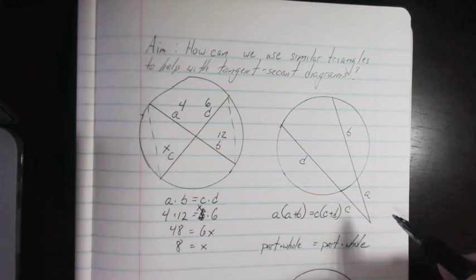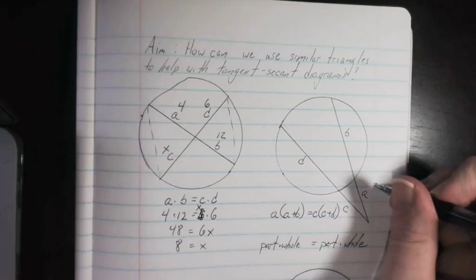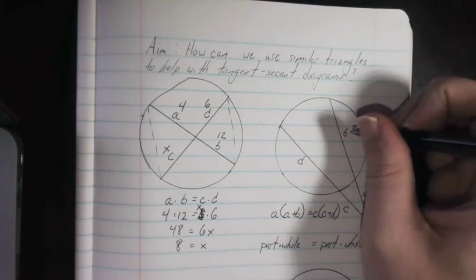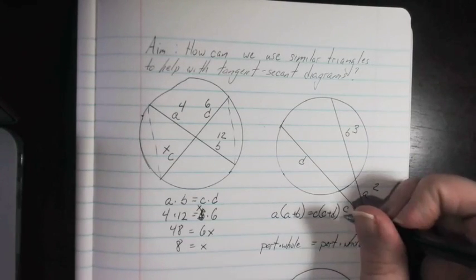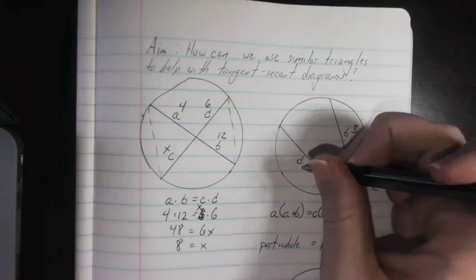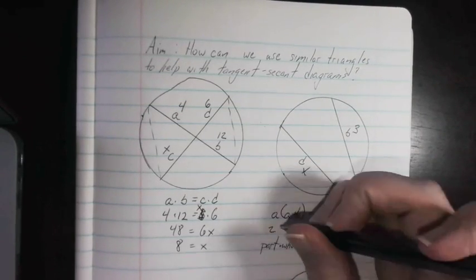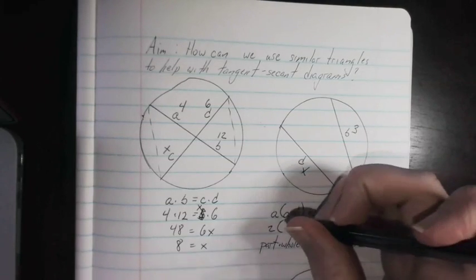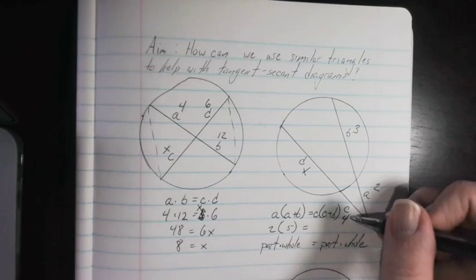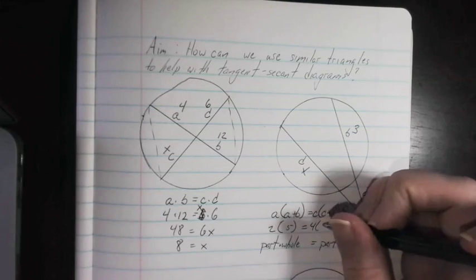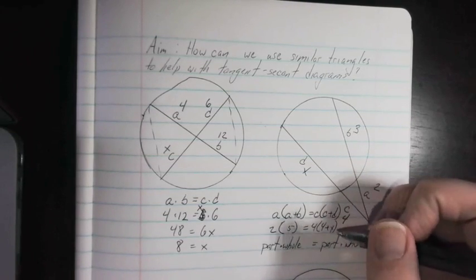So if we knew this was, say, 2, and we knew this was 3, and this was 4, and this was x, we just plug everything in. So you'd have 2 times 2 plus 3, so 5. Then you'd have 4 times 4 plus x. Bit of algebra, you'll be able to solve.